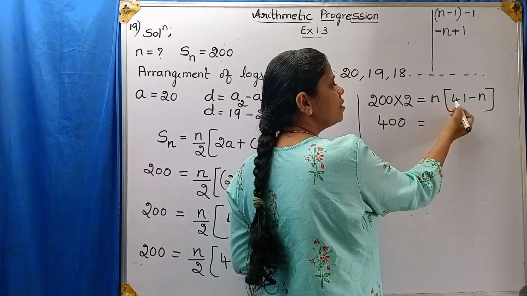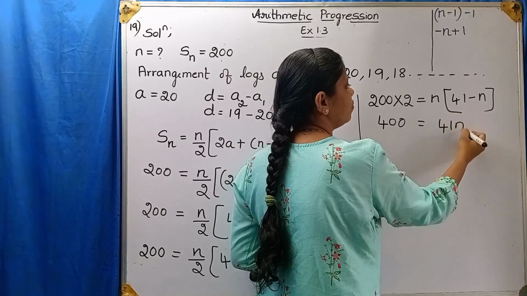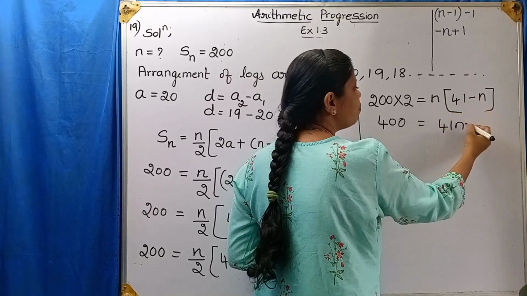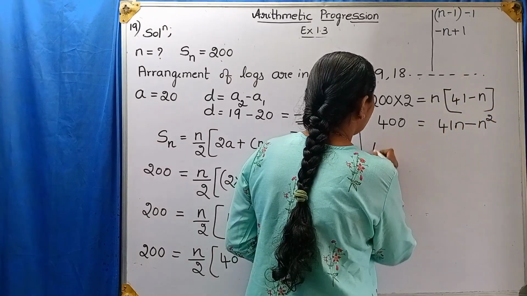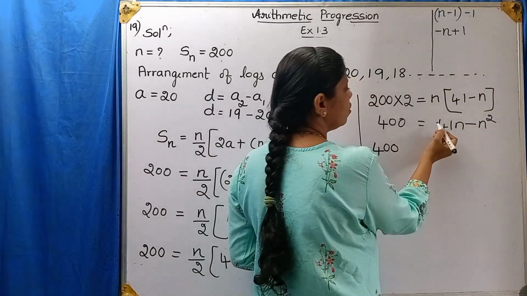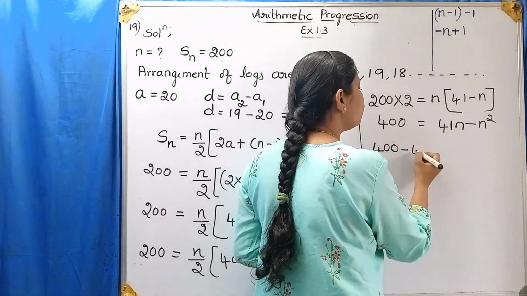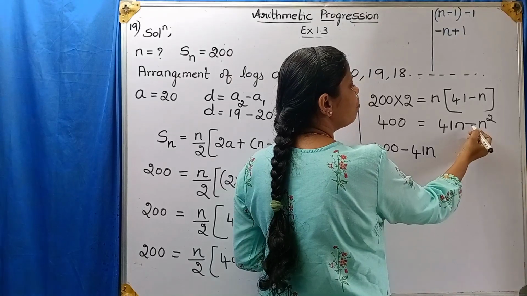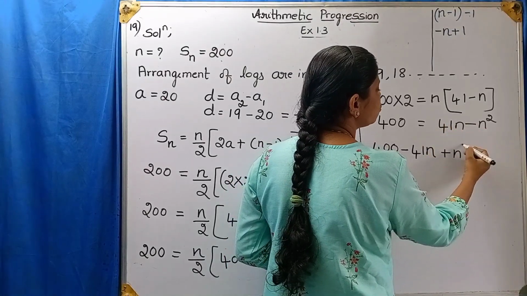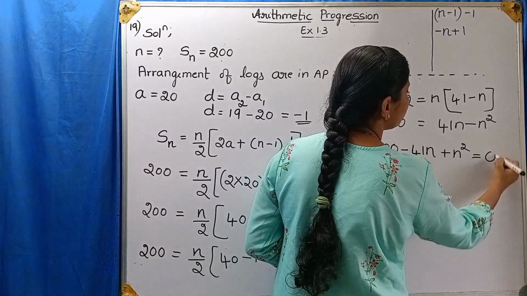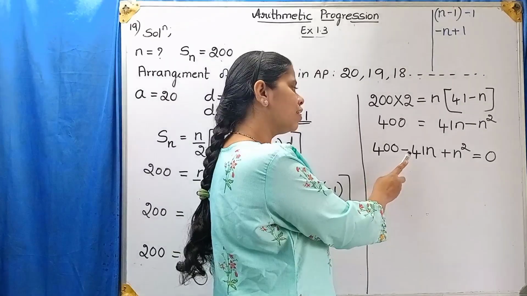Now multiply this n. Then it will become 41n, plus into minus is minus, n into n is n square. 400 is equal to 41n minus n square. When it comes to this side, it will become minus 41n, and minus n square will become plus n square, is equal to 0. You can see that it is a quadratic equation.